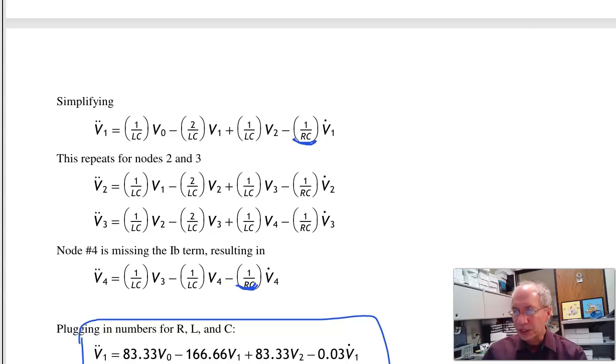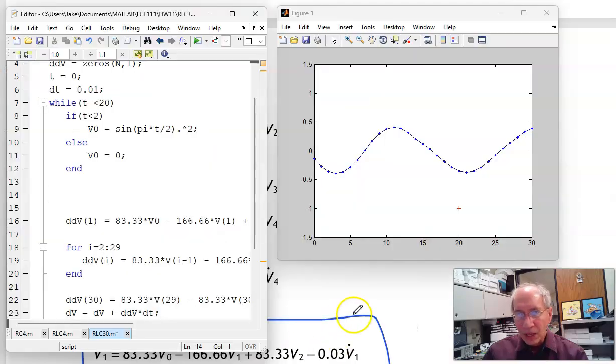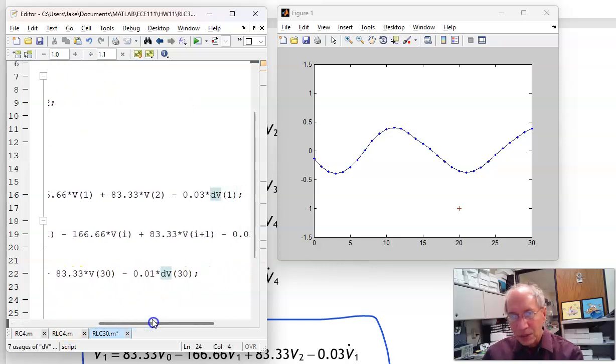So if we go into the simulation, let's just run it for 6 seconds, long enough to see the reflection and have it come back. And this last term right here, what happens if that number is too small?